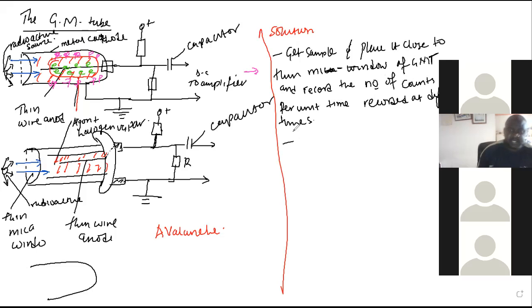That means I will not need to send the writer. Then a graph of count rate against time is plotted.